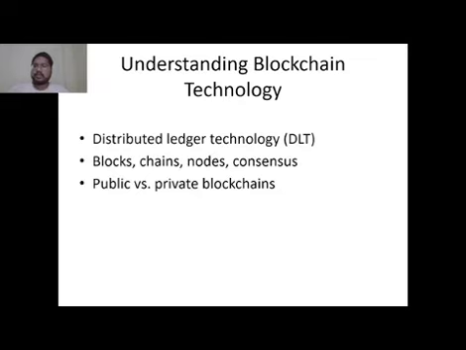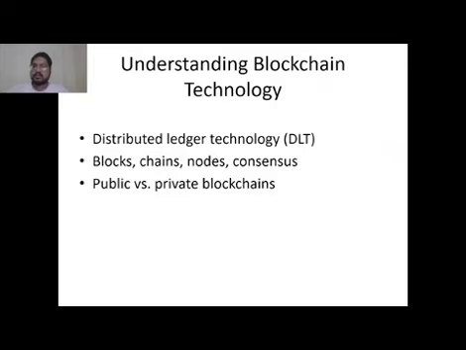Let's break it down. Blockchain is built on distributed ledger technology, or DLT. It is a network of nodes, each maintaining a copy of the ledger. Each block stores a batch of valid transactions and is linked to the previous one, hence the chain. Public blockchains are open to everyone while private ones restrict access.